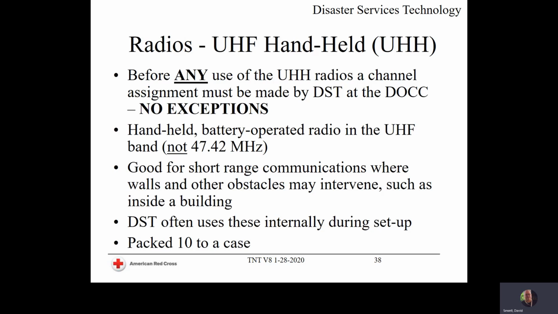It's a turn dial that goes from 1 to 10, so they'll tell you which frequency you can select and use. And if they have it, they'll give you 2 or 3, so you have a couple of alternates. They're good for short-range communication, for example, inside a building. There's lots of walls.